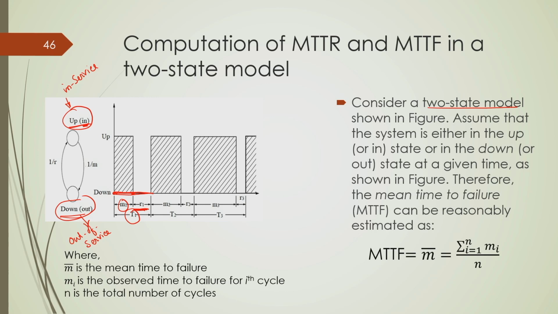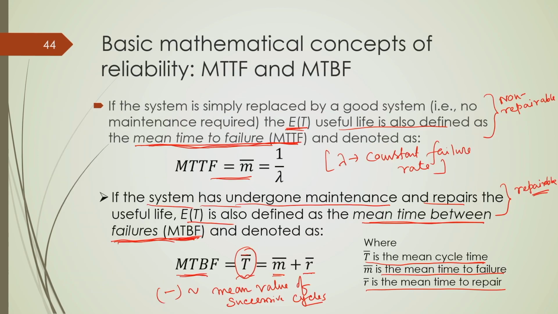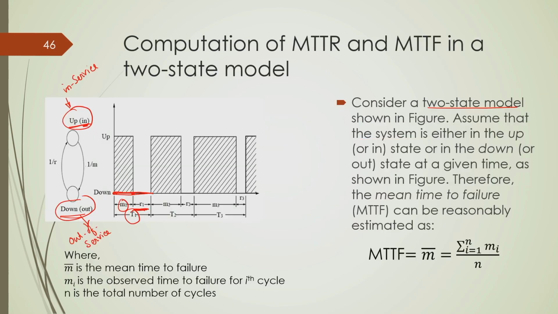Capital T, as I already mentioned, represents the cycle time, and T bar represents the mean cycle time. So, if this is one particular cycle, starting from t equal to 0 to this period, then similar cycles are repeated multiple times.